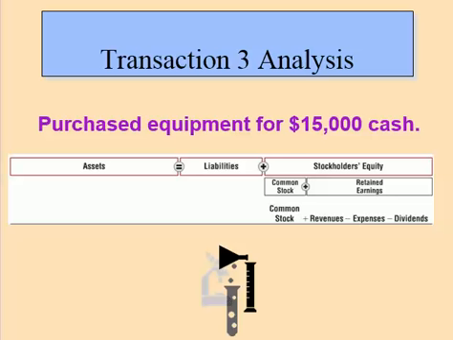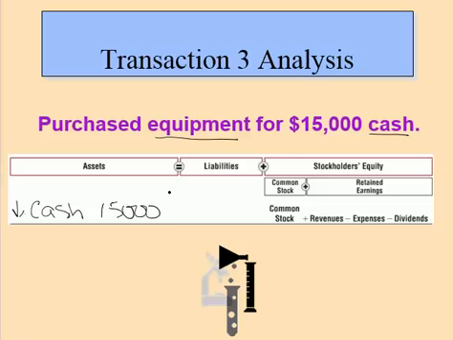Here we go. We've purchased equipment for $15,000 in cash. Again, let's think about what's happening. At least two items are going to be impacted, in this case equipment and cash. We purchased equipment for cash. Well, we paid cash for our supplies a minute ago, and we know that had the effect of taking my asset cash down by $15,000.